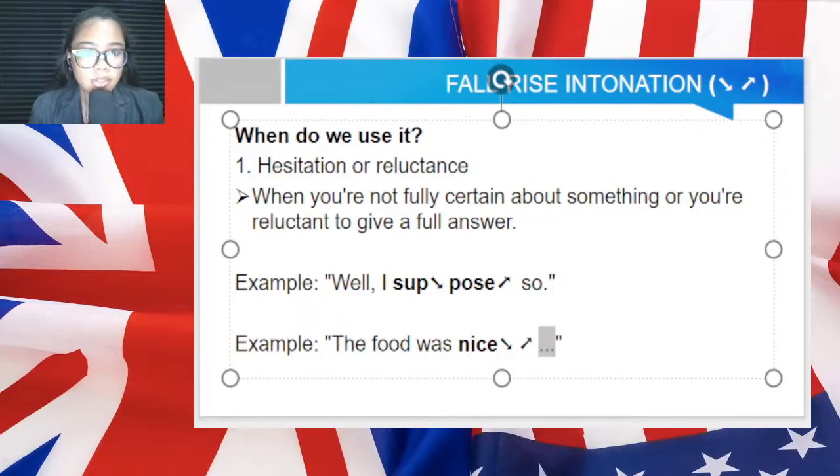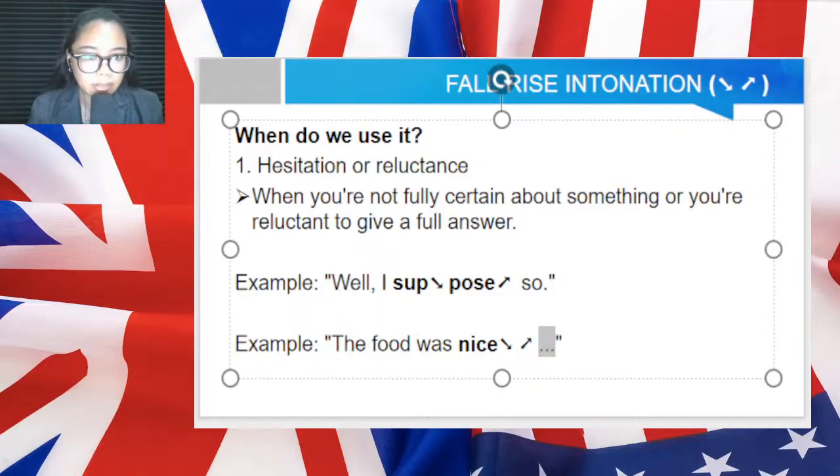It is a strong textual reinforcement of the incompleteness that the fall-rise intonation itself conveys. Here, the fall-rise intonation occurs on the word nice. That's why we highlighted it.